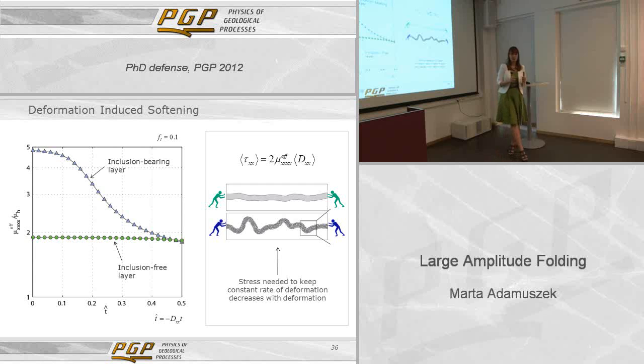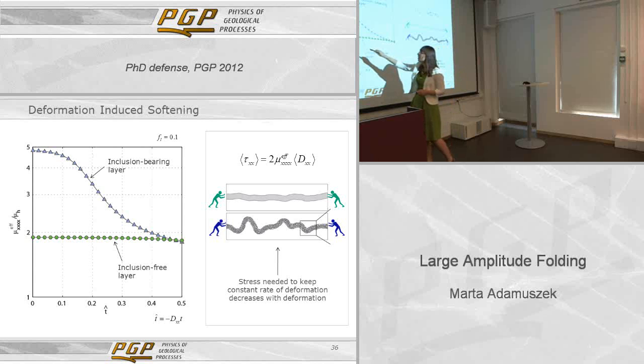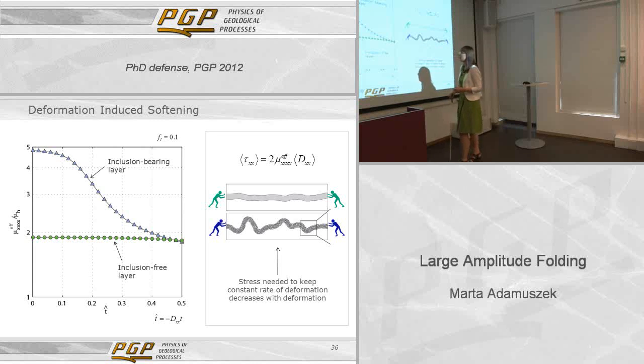And in this system, I use the model where the layer took 10% of the whole model. And instead of analyzing stress, I analyzed the horizontal viscosity component, normalized by the viscosity of the host.